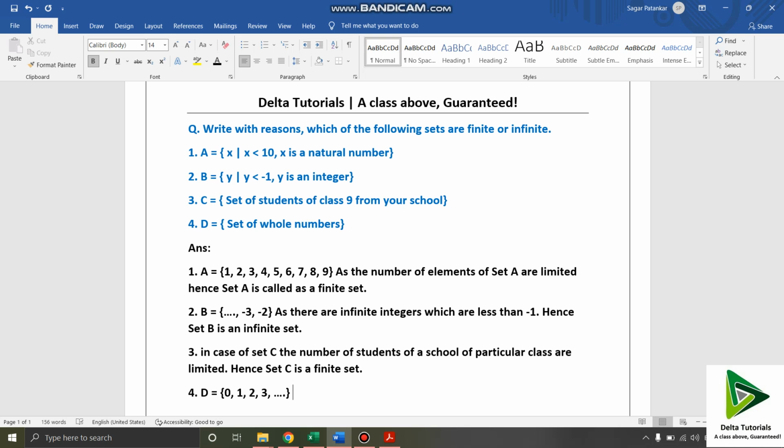So there are uncountable elements present in set D. Hence, we are calling set D infinite, as the number of elements in set D is uncountable.